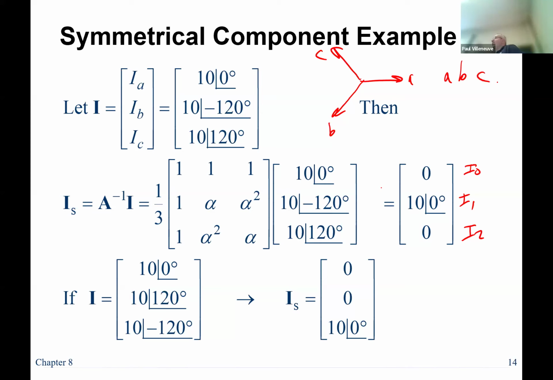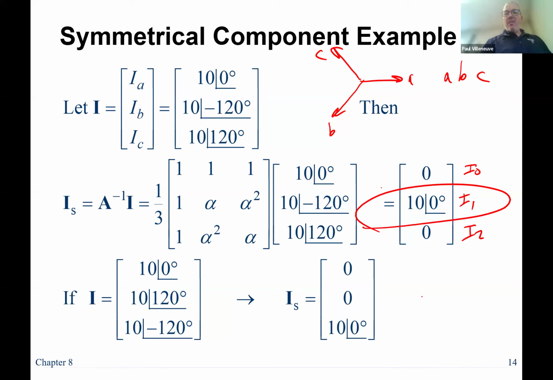So a perfectly balanced system that has positive sequence rotation, I darn well better only get a positive sequence set of components in there. Otherwise, this isn't right. This doesn't work. So this would be a real problem if it wasn't this way. So yeah, I shouldn't get any zero sequence or negative sequence because it's a perfectly balanced system.